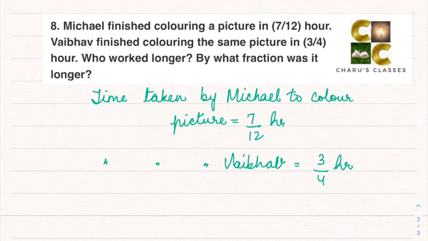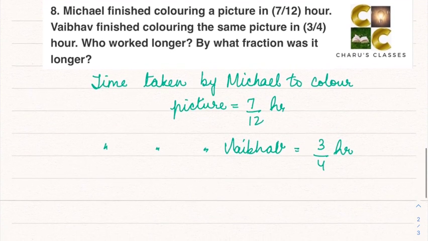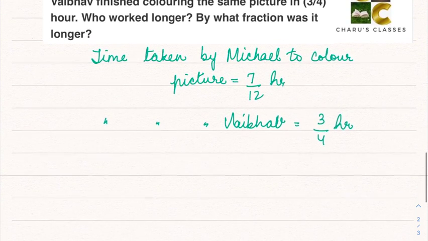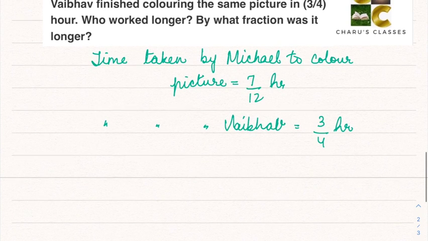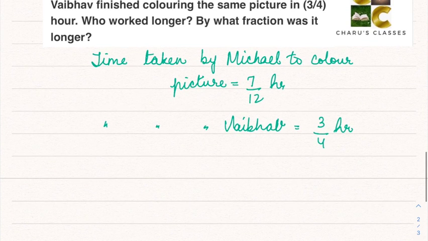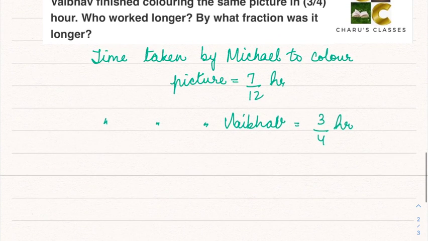They are asking who worked longer. That means we have to compare these two fractions. 7/12 and 3/4, which is greater? We can do that by first making them like fractions. 12 comes in the table of 4, so the second fraction we can multiply with 3, the numerator and the denominator, so that we can create like fractions.